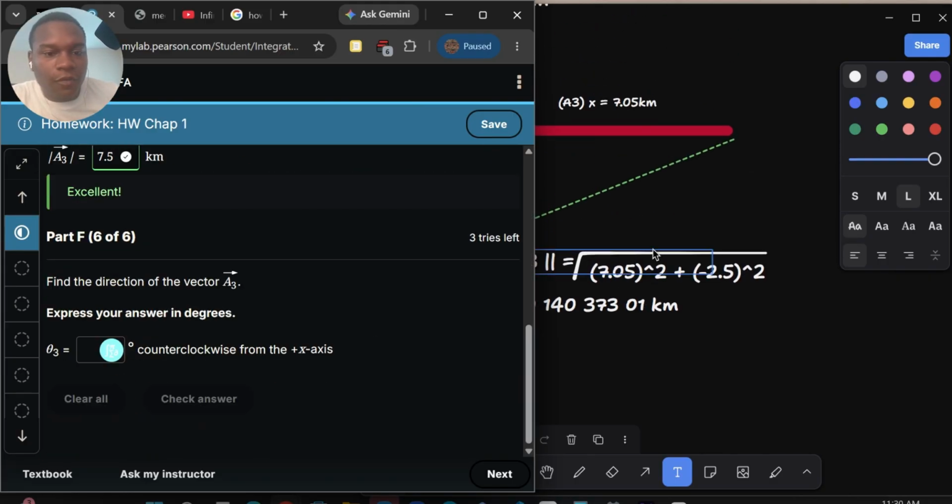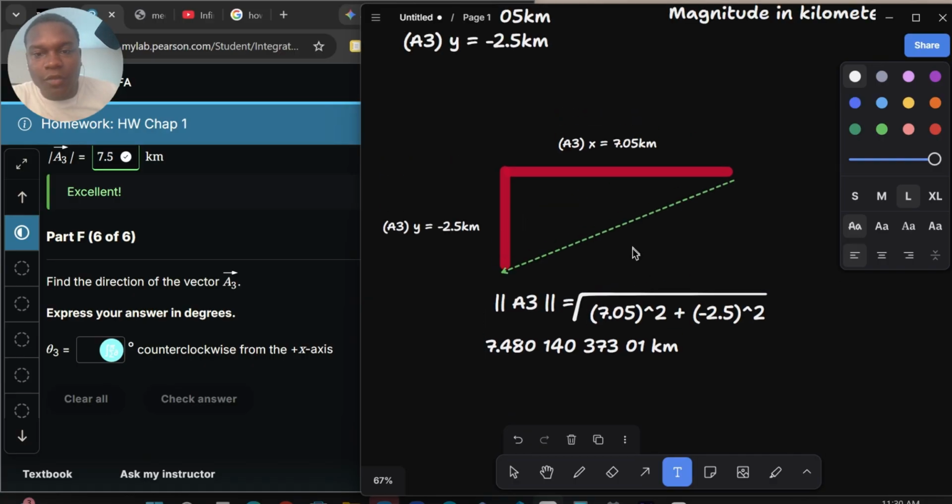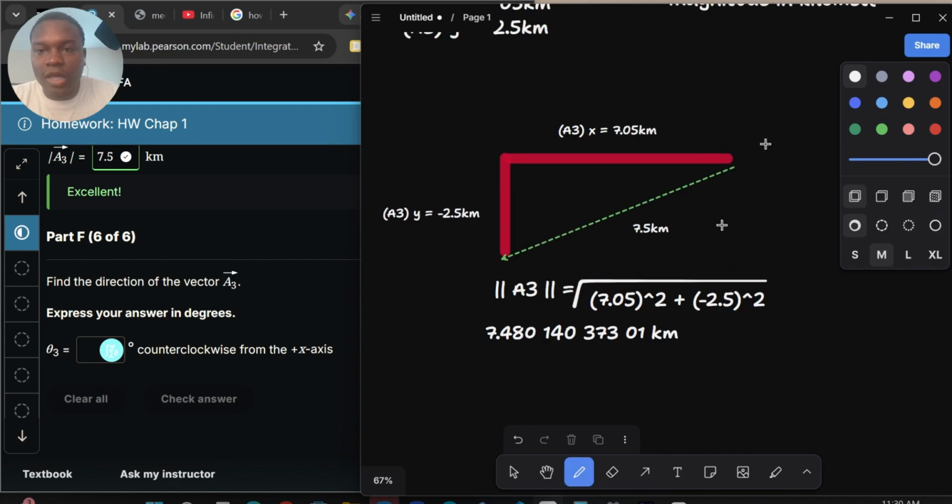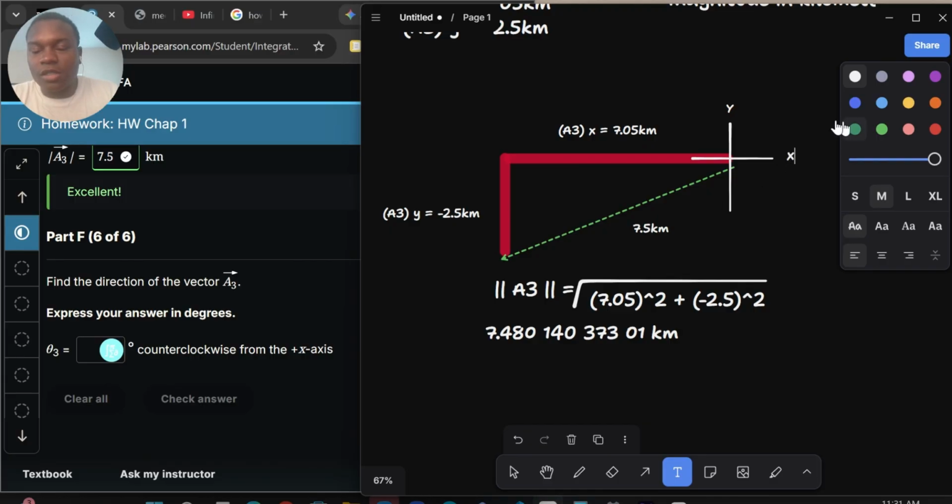All right, now let's find this in degrees. Remember, we have 7.5 km here. Remember our reference angle. We can put X and Y here, just showing that we're going from the origin.